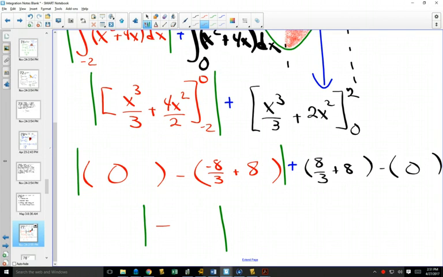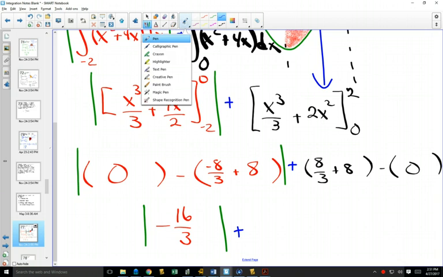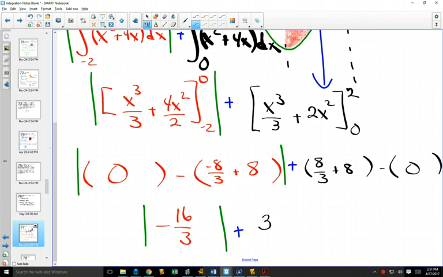Simplifying inside, we're going to get a negative number here. We are going to get, this is 24 over 3, 16 over 3, negative 16 over 3. And over here, we're going to get 32 over 3.